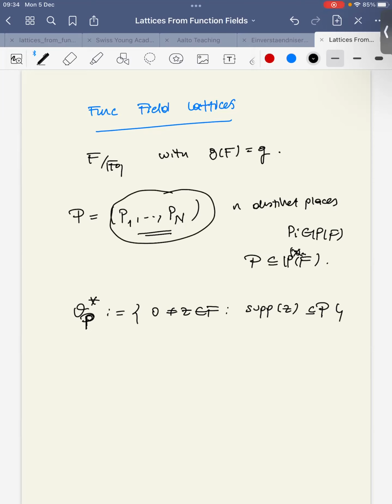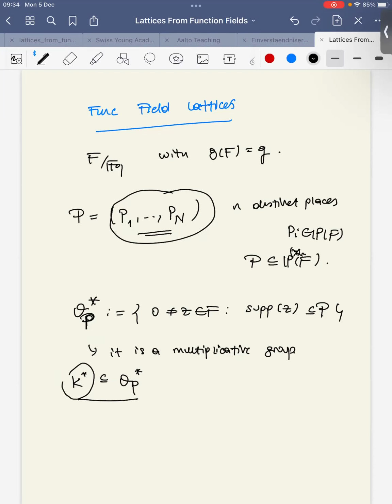And when you show that this O_P star is a multiplicative group, it was quite nice to see that every student showed that this is a non-empty set, but in general you show that by observing the set of non-zero constants is a subset of O_P star.